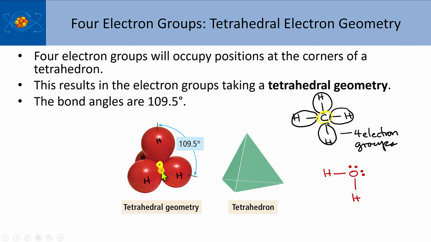So if I were referring to this balloon model and referring to it as water, I have 2 lone pairs. So that might be this group here, and maybe this group back here. And then out in the front, I have hydrogens like this.